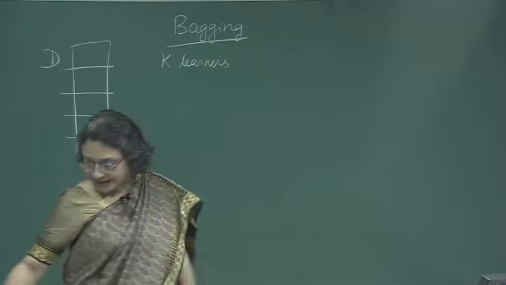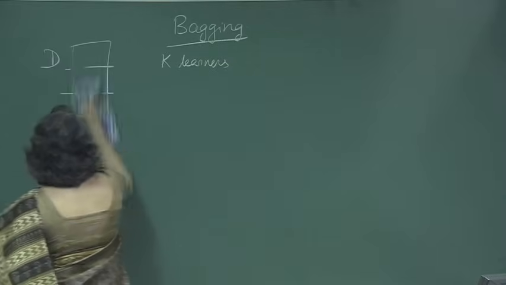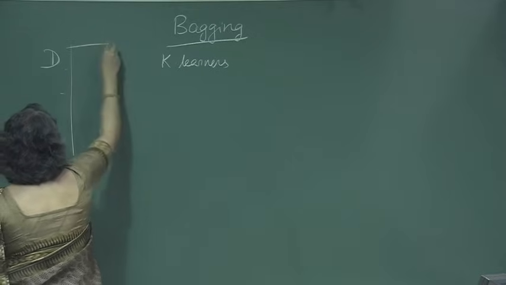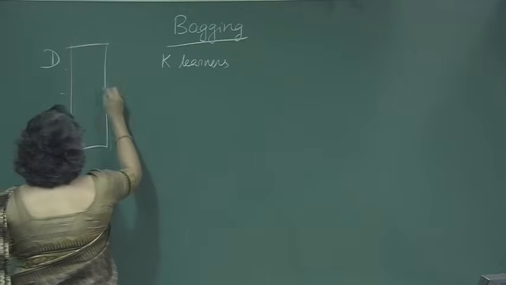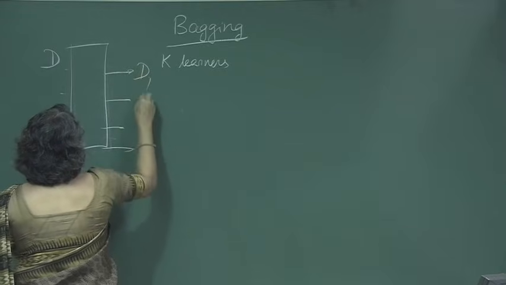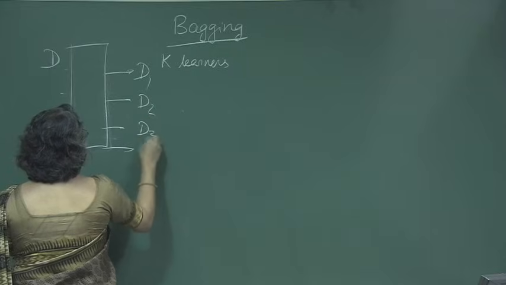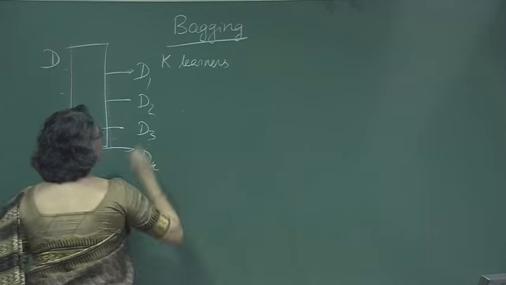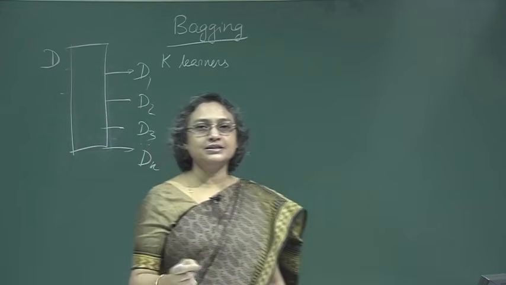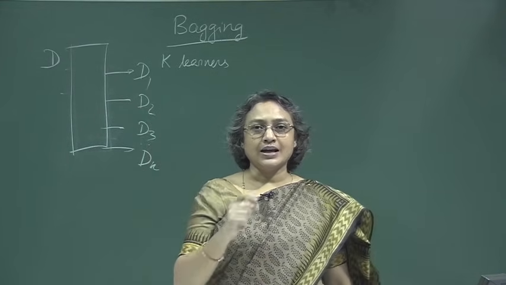Instead of dividing it into k disjoint groups, we treat this as the pool, and from this pool we sample D1, D2, D3, up to Dk. These are the different data subsets sampled from the original data.